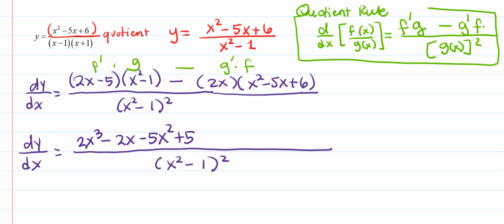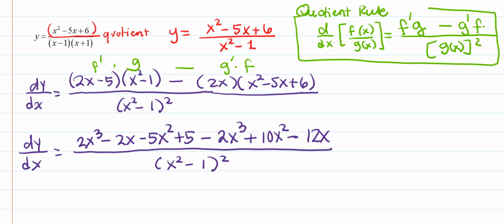Then we distribute the negative 2x into each one of those. So that would be negative 2x to the third. Negative times a negative is a positive 10x squared. Negative times a positive is a negative, 2x times 6 is 12x.